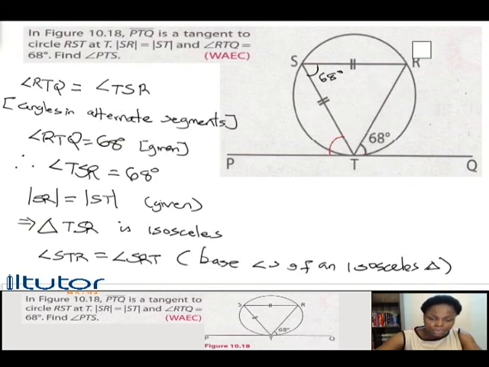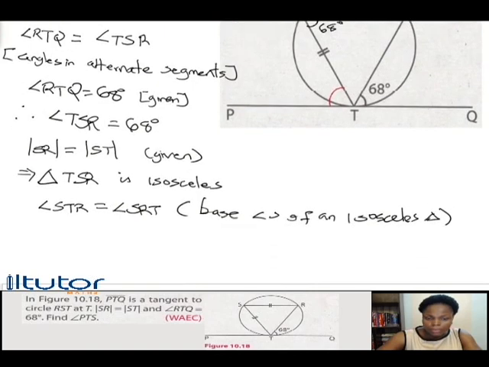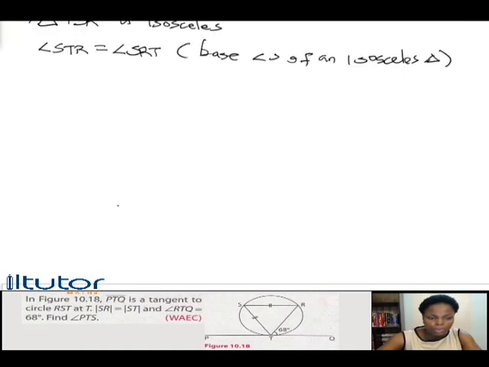Since these angles are equal, we'll just subtract TSR from 180 degrees and then divide it between these angles. Now, since angle STR is equal to angle SRT, anywhere I see angle STR, I can call it SRT and vice versa.